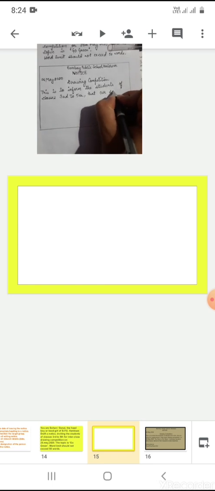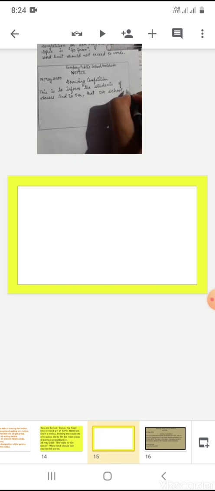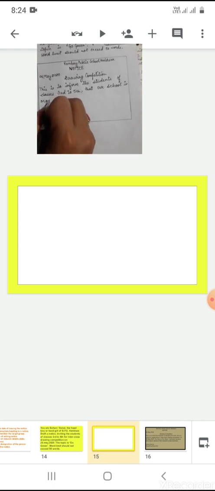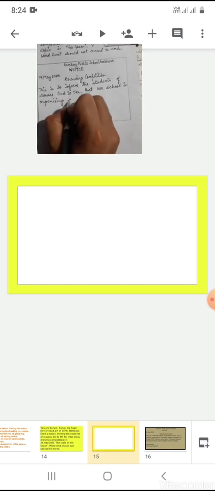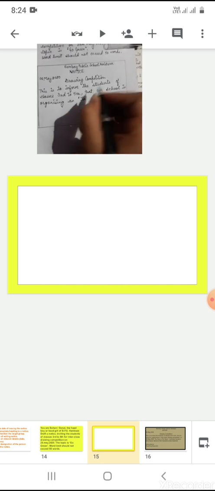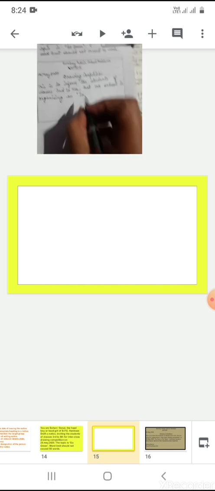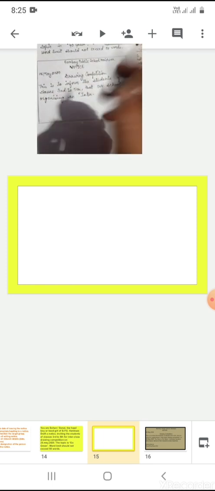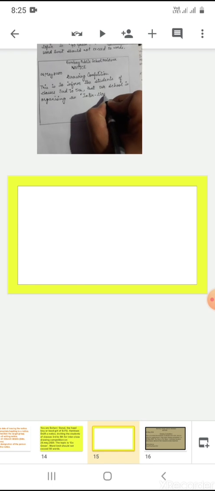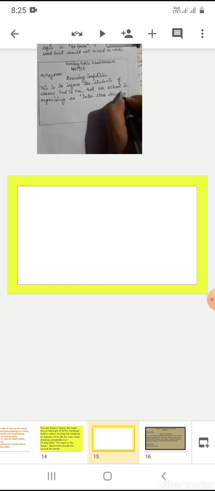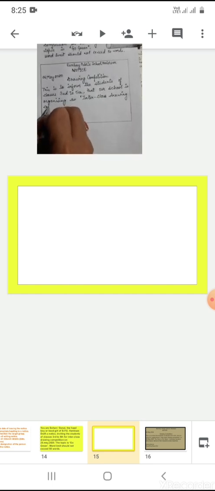our school is organizing an, inverted commas, inter-class drawing competition.